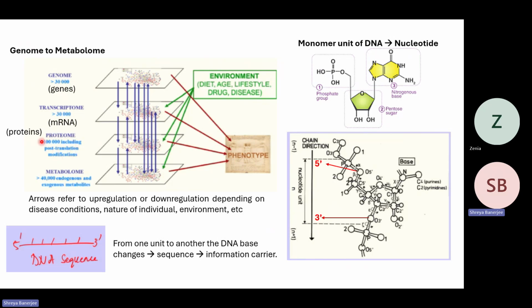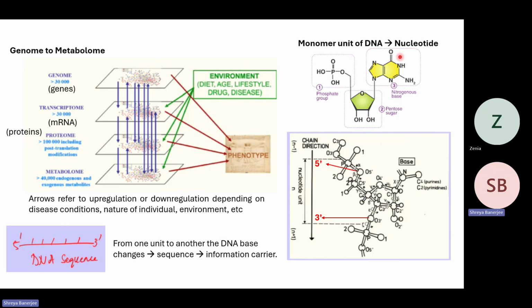And now the number greatly increases. There can be more than 100,000 proteins because there are different post-translational modifications. And each protein will carry out its biological function, and that can generate more than 40,000 endogenous and exogenous metabolites. So there are a lot of molecules involved in this entire process.